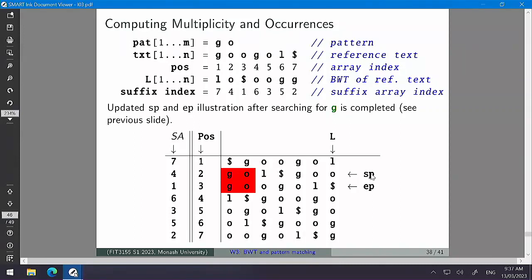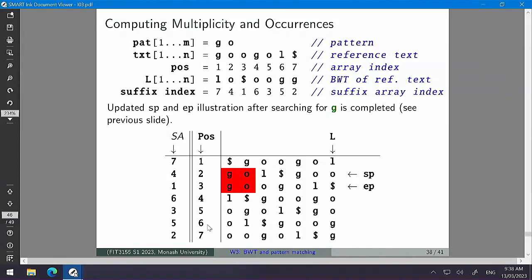My new start point is 5. Hold that in mind. What's my new end point? Rank of O is 5. Number of times I have seen an O from 1 to the current endpoint inclusive, minus 1. So 5 plus 1, 6, minus 1 is 5. So the endpoint is also pointing to 5.